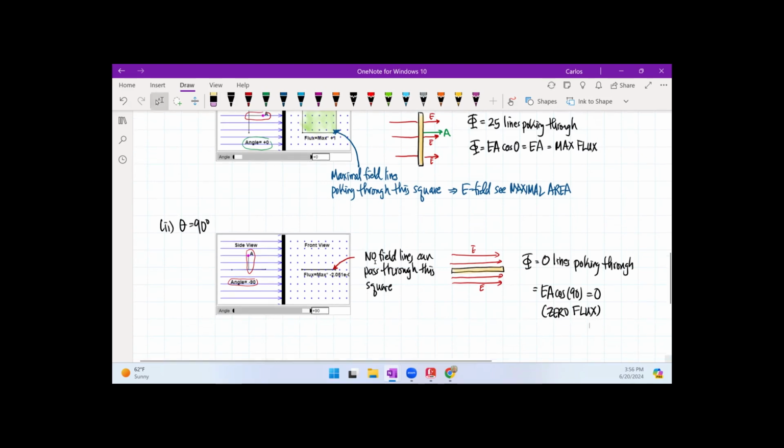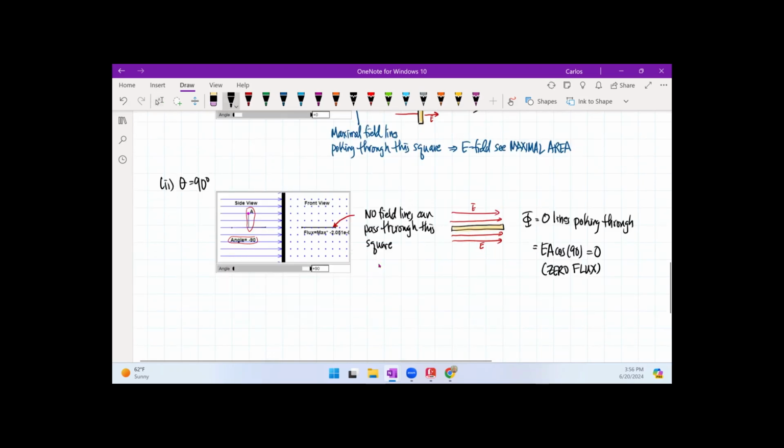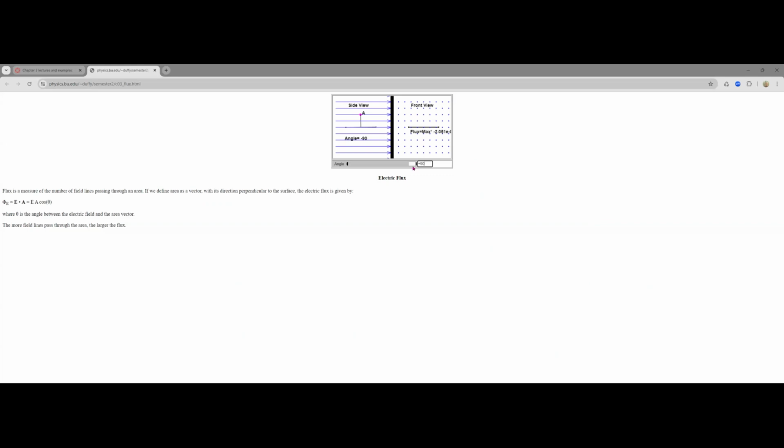And then I'm just going to pick some arbitrary angle. In this case, theta is somewhere between 0 and 90. So what I want to do is go back and look at the screen share. Now I'm going to pick some angle.